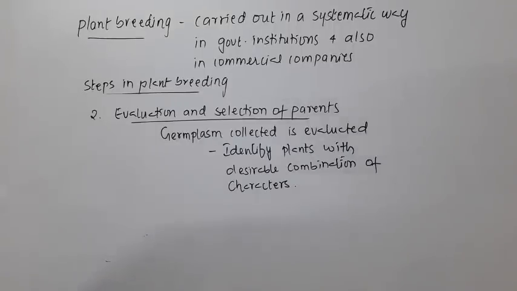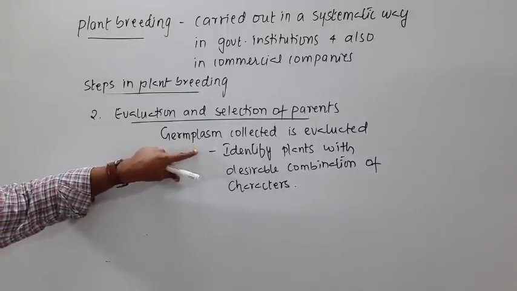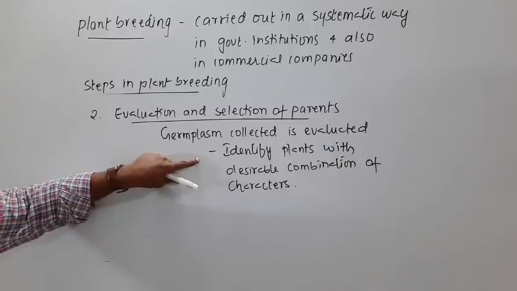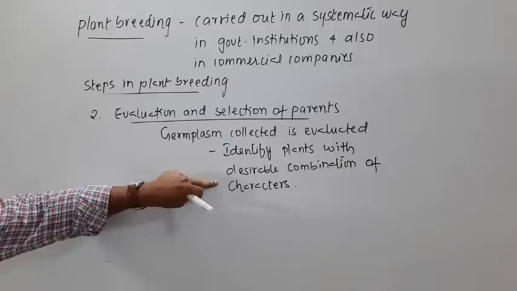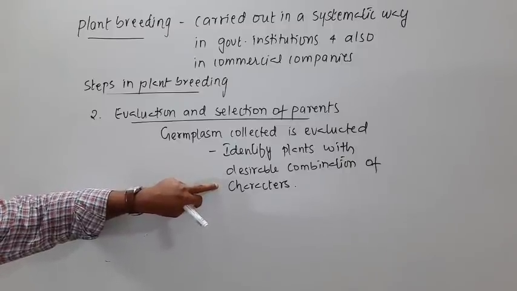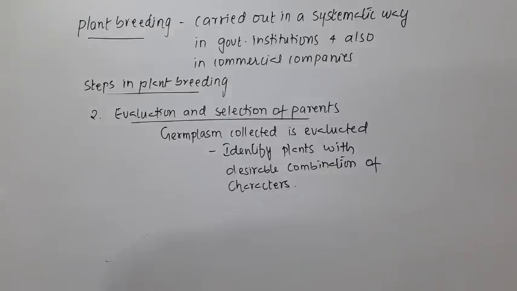After the germplasm is collected, it will be evaluated, and we will try to identify the plants with the desirable combination of characters. If we find them, we make them parents, and later we cross them to get the hybrid varieties.